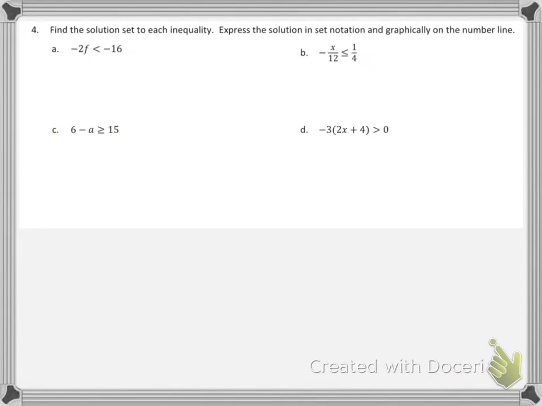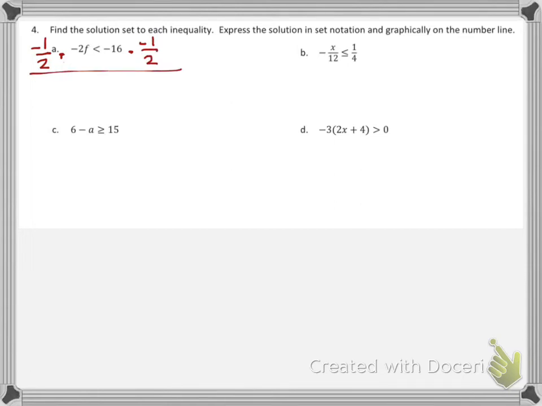Negative 2f is less than negative 16. Well, let's just go about solving this like we would. I've got a negative 2 as my coefficient, so I'm going to multiply by the reciprocal of negative 2, which would be a negative 1/2. And if I do that to one side, I have to do that to the other side to balance the equation.